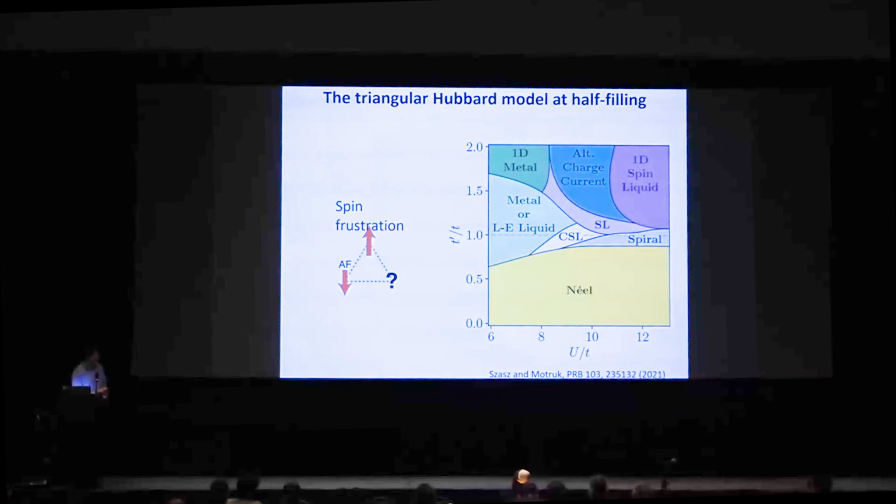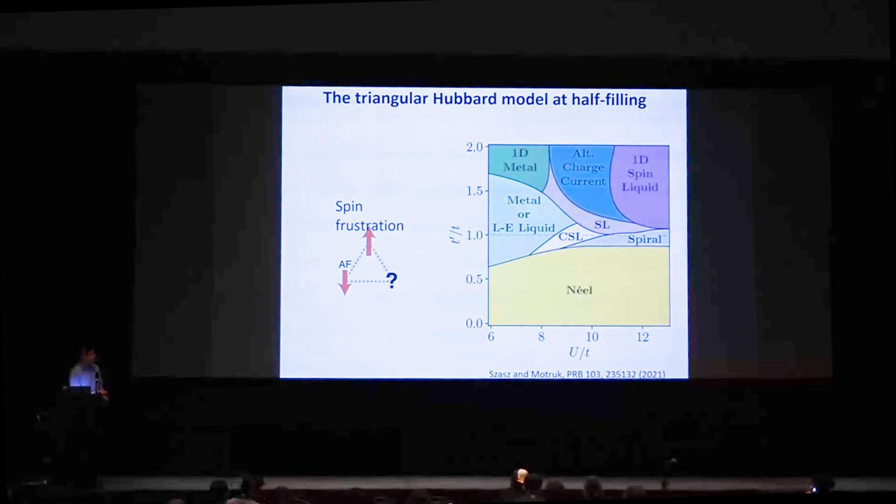Okay, so here's a cartoon phase diagram, a qualitative one, of what sort of phases you might expect at half filling as you vary this ratio of T prime to T and the interaction strength. So again, if you work at T prime 0, you're in the square lattice where you have this Néel order, which we understand pretty well. But then as you increase T prime, for example, when it's equal to T, you have a triangular lattice.